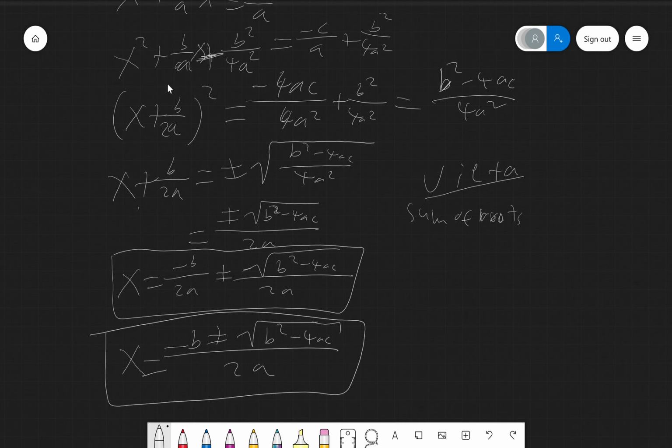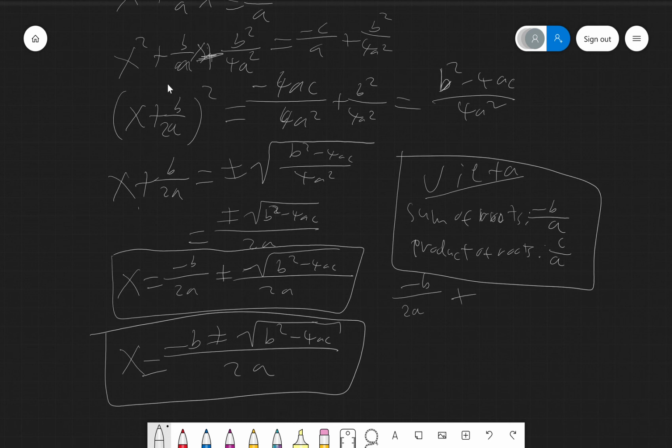So he or she solved for the sum of the roots and the product of the roots. The sum of the roots is negative b over a, and the product of the roots is c over a. I'm not going to prove it, but I am going to check it. One root is negative b over 2a plus the square root of b squared minus 4ac over 2a.